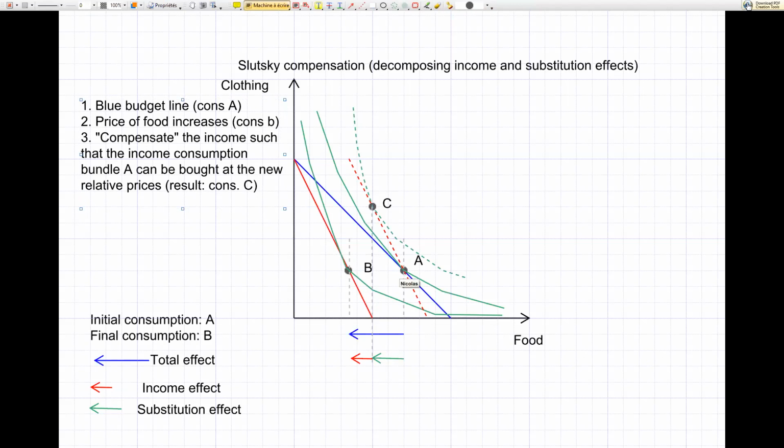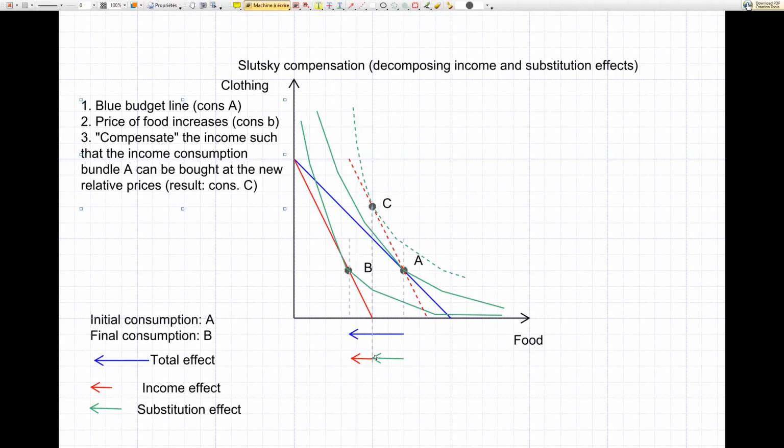But as we see, since the relative prices have changed, A doesn't seem so interesting, and we see that C gives the person a better utility because it lies on a higher utility function. I'm putting it in dotted line because it's not something that actually happened. The new price is that price. The new budget line is that budget line, but in principle, we could have compensated the person.